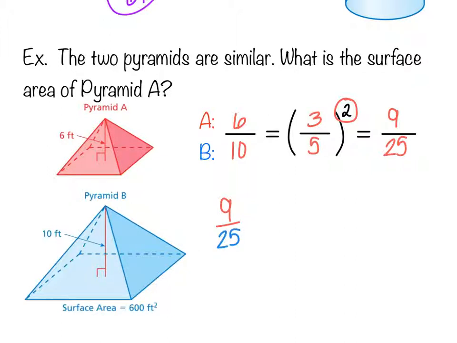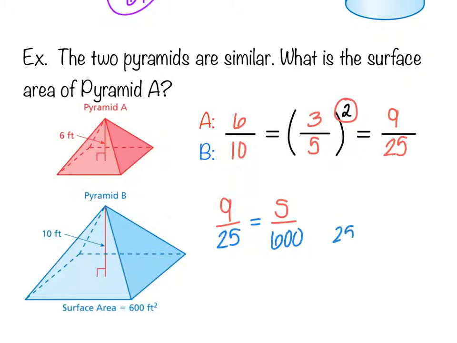So now I can use that area ratio and find a missing dimension. I don't know the surface area of the red pyramid, but I do know the surface area of the blue pyramid is 600, and I'm just going to cross multiply. So 9 times 600 is 5,400 divided by 25 is 216.